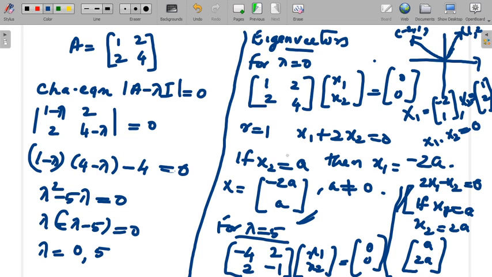The set minus 2, 1 and 1, 2 is an orthogonal basis of R2. So if A is a symmetric matrix, from A you can get an eigenbasis which is an orthogonal basis of R2. So if it is 2 by 2, or if it is of nth order, you will get a basis for Rn from the set of eigenvectors, called the eigenbasis.